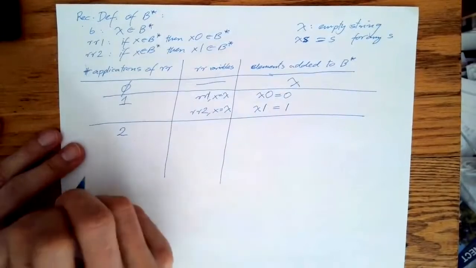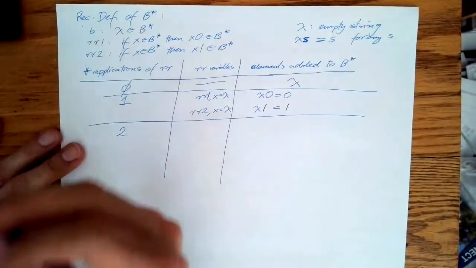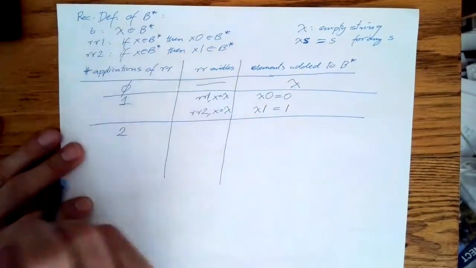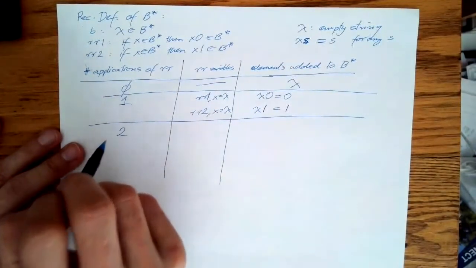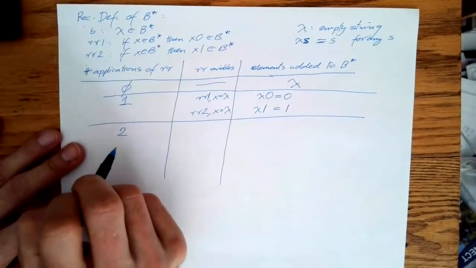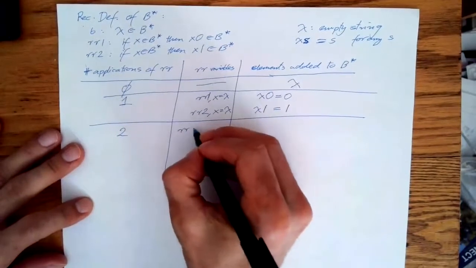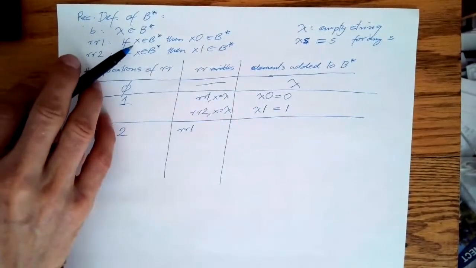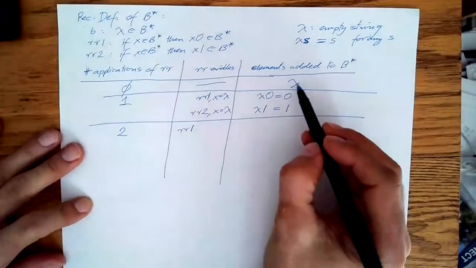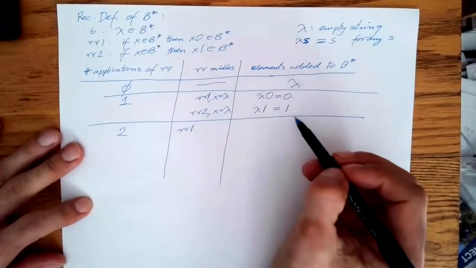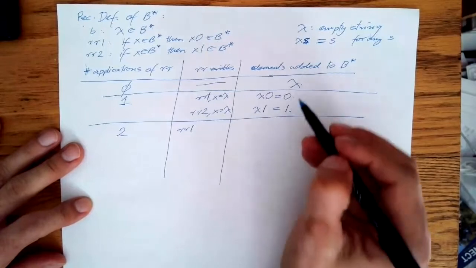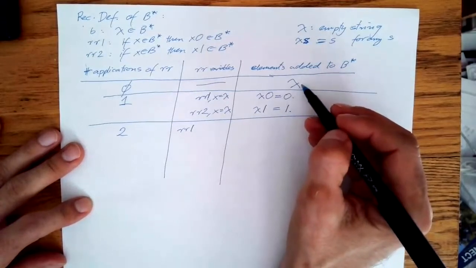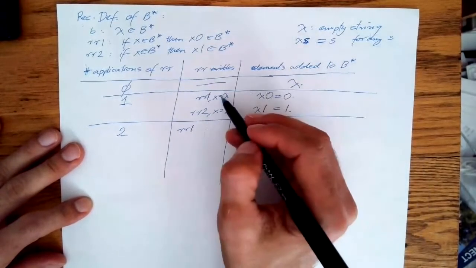Let's look at how the set B star looks if you do 2 applications of the recursive rule. Let's look at recursive rule number 1. And now we have more choices. X could be this, or that. Now, using X equal lambda is not productive.